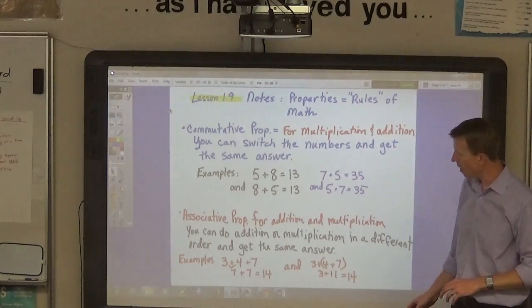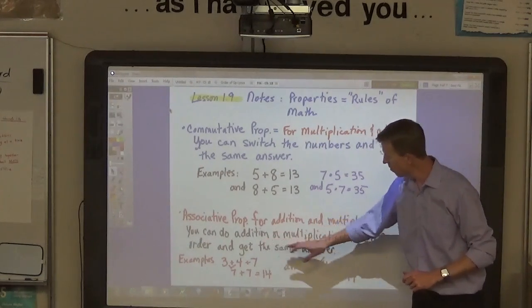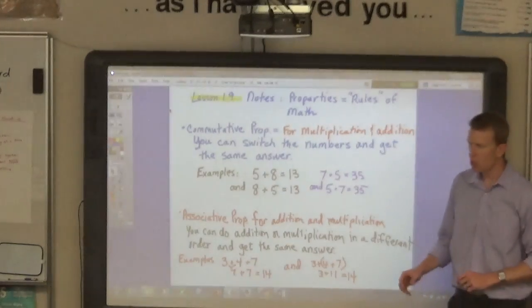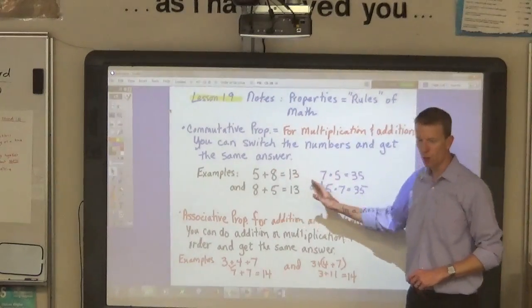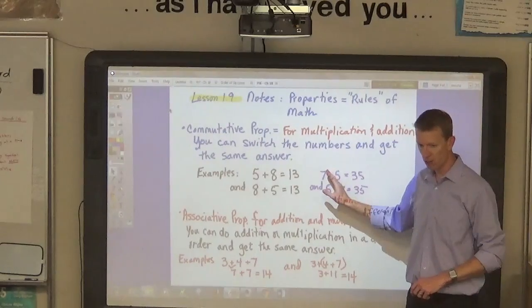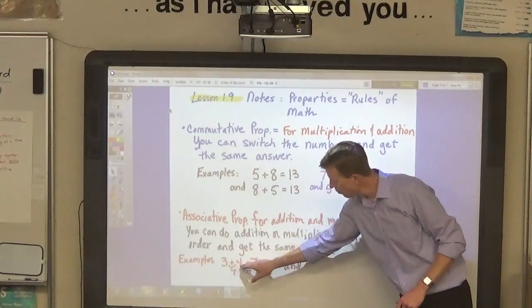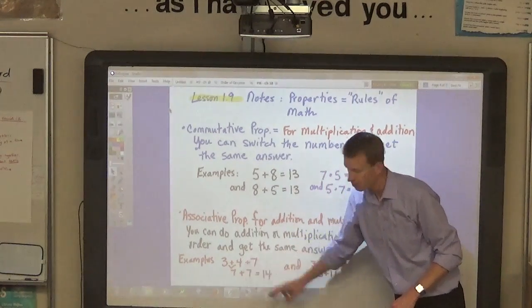The associative property says that you can do addition or multiplication in a different order. So if they're all addition, instead of just going from left to right, we could do the ones on the right first and then go back and do the one on the left. It's like 3 plus 4 plus 7. These are all addition. Okay?